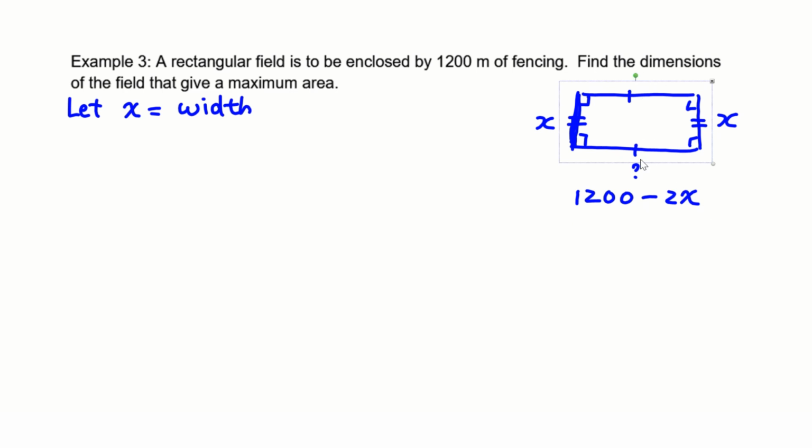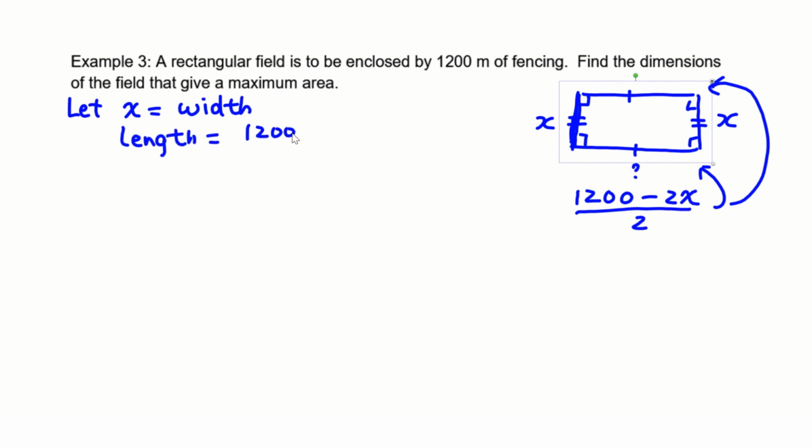This is whatever is left of fencing. Then we want to put this one at these two sides, so this whatever is left needs to be divided by 2. So this is width, and the length will be 1,200 meters take away the 2x, and whatever is left will be put to the opposite two sides. So we do the division, you will have 600 take away x.